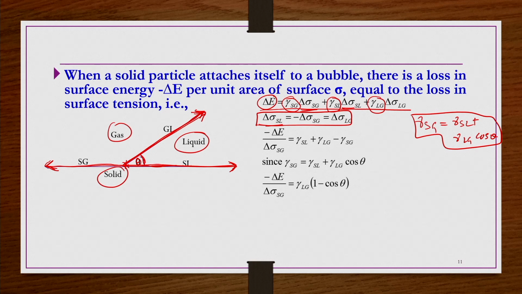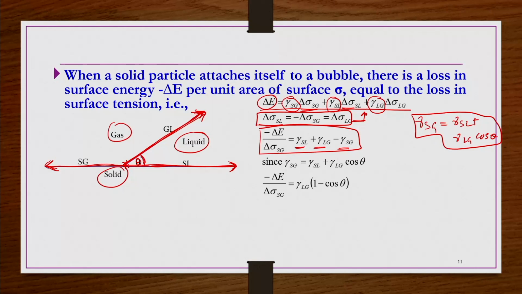That is what we can understand here. So, when you apply this relation in the above equation, you get minus delta E divided by delta sigma Sg is equal to gamma Sl plus gamma Lg minus gamma Sg.